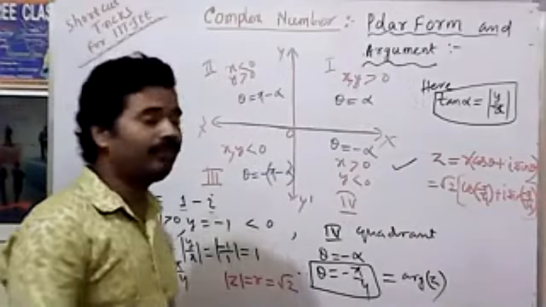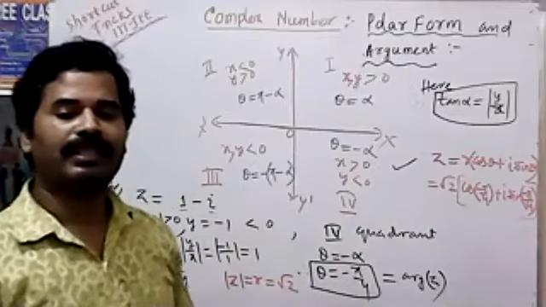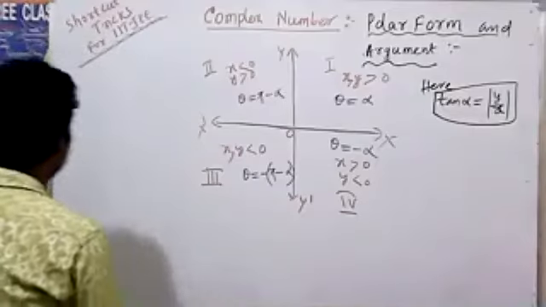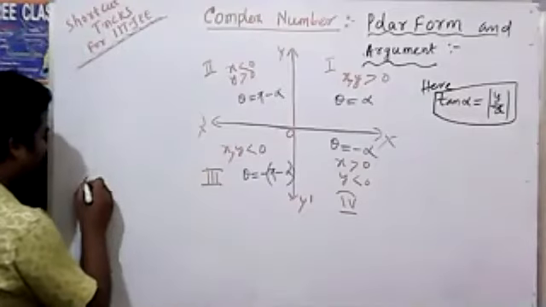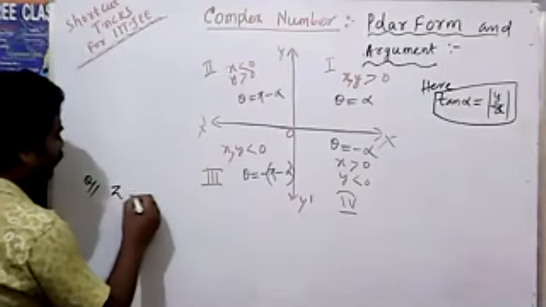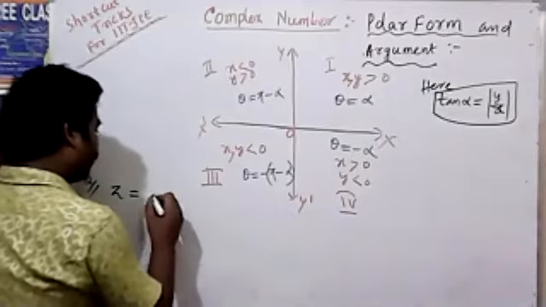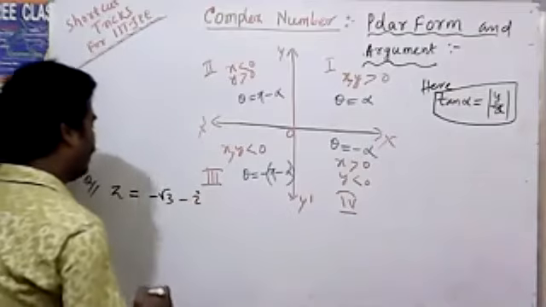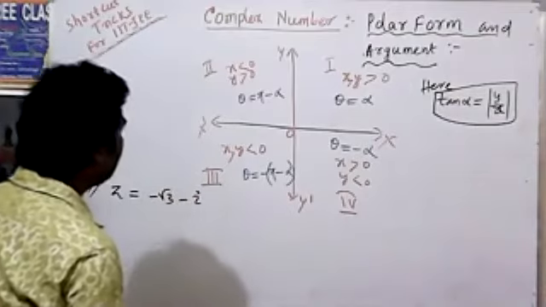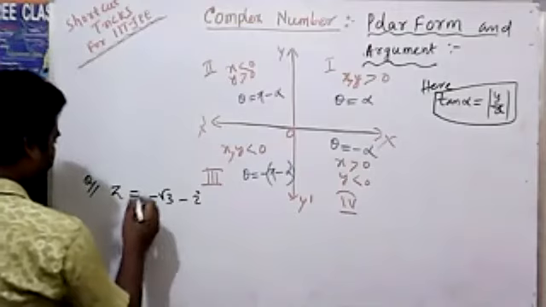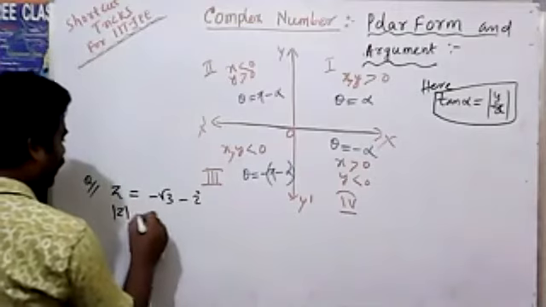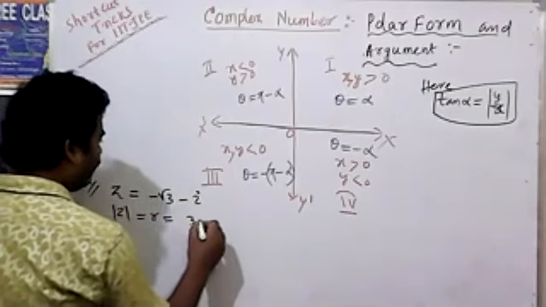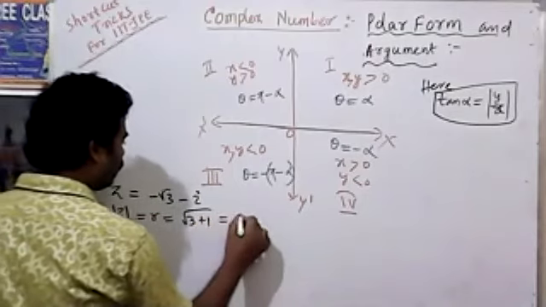Okay, another question. Suppose the question given is z equal to minus root 3 minus i. Then the modulus of z, r, is equal to the root of 3 plus 1, that is 2.